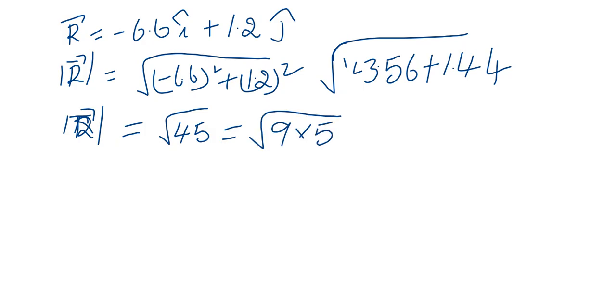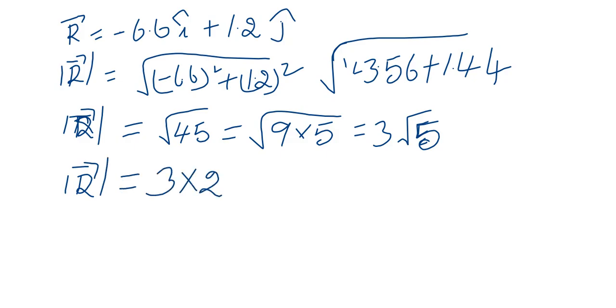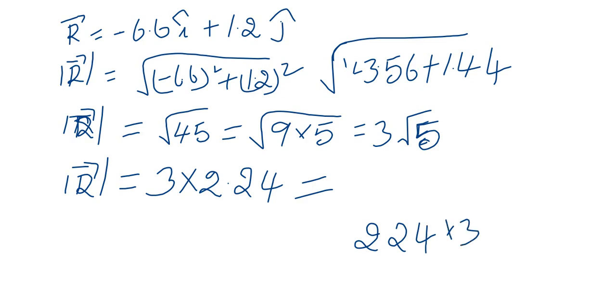The value of root 5 is 2.24, and 3 into 2.24 is 6.72.